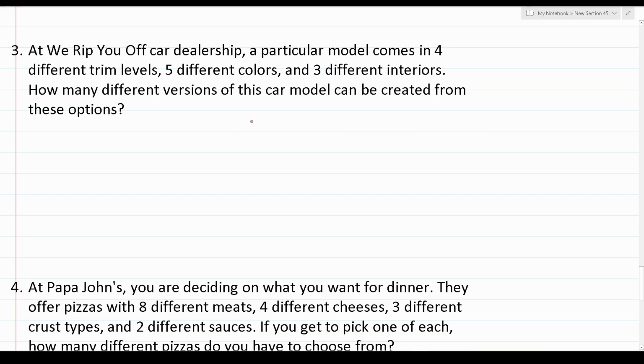All right, so number 3 says, at We Rip You Off car dealership, a particular model comes in 4 different trim levels, 5 different colors, and 3 different interiors. How many different versions of this car model can be created from these options? So again, we're going to take our options for each of these different events and multiply them together. Again, we have 4 different trim levels, 5 different colors, and 3 different interiors.